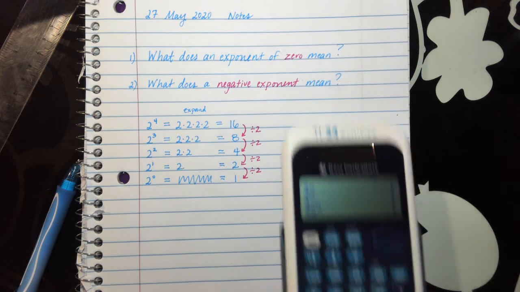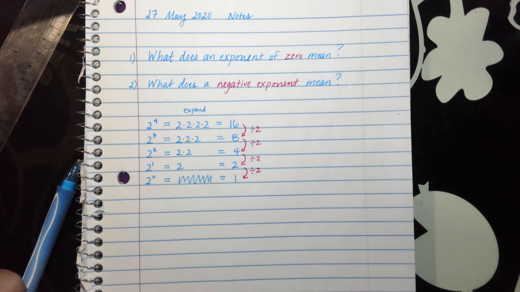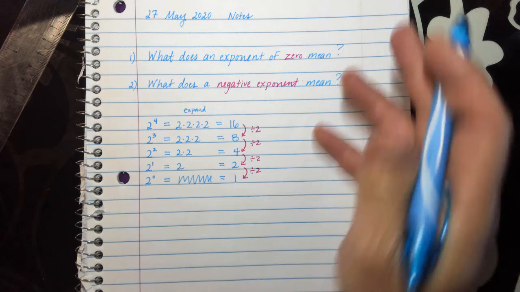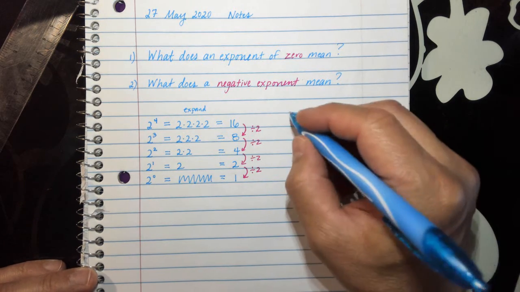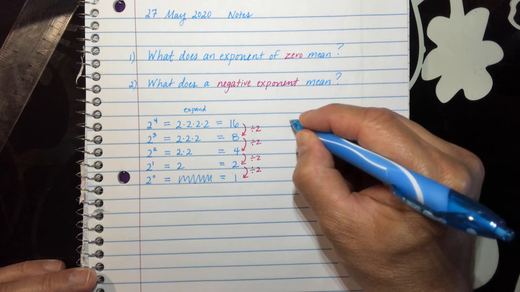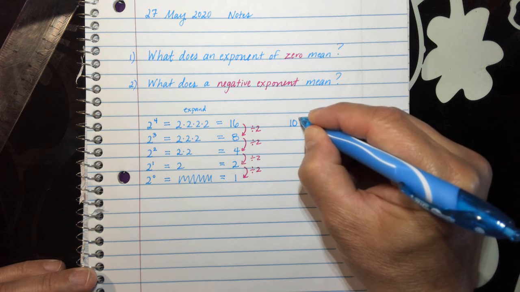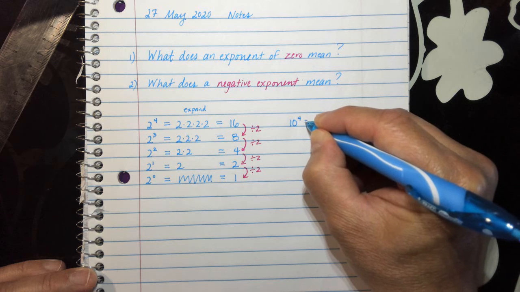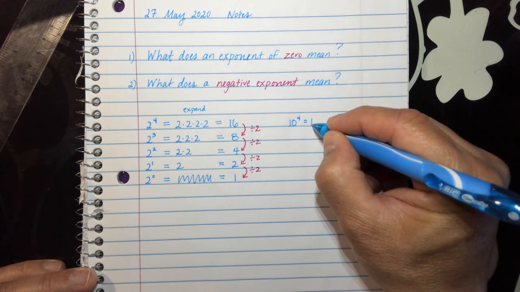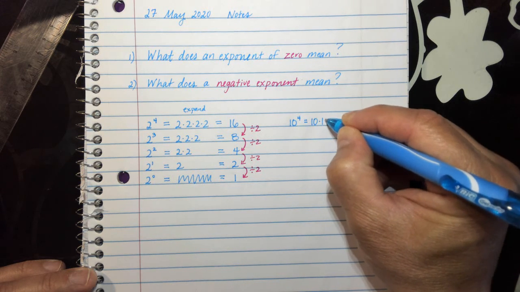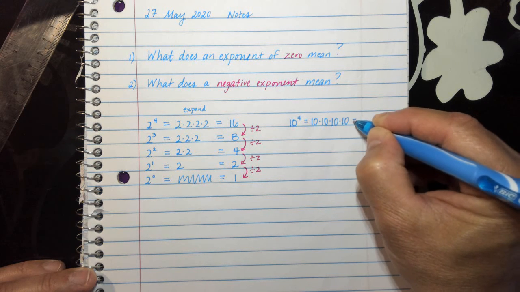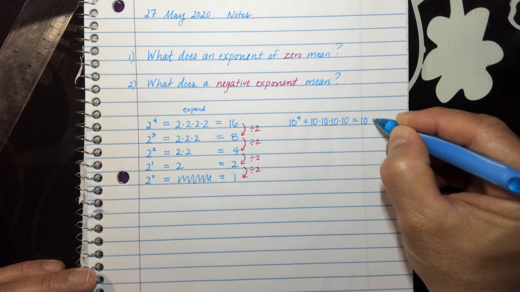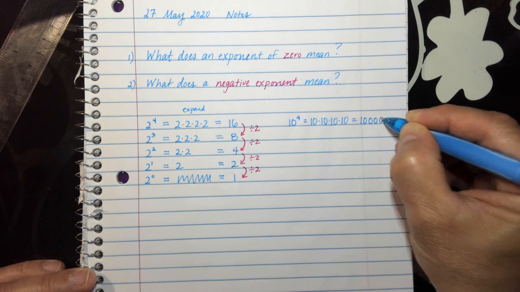Let's take a look at one more example, and then it should be a little bit more clear. So base 2, easy to work with 2s. The next easiest number to work with is 10. 10 to the power of 4 equals 10 times 10 times 10 times 10, which equals 10,000.